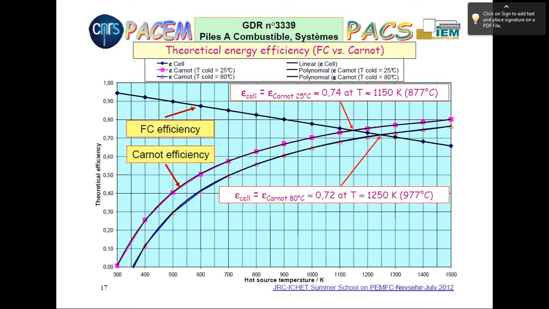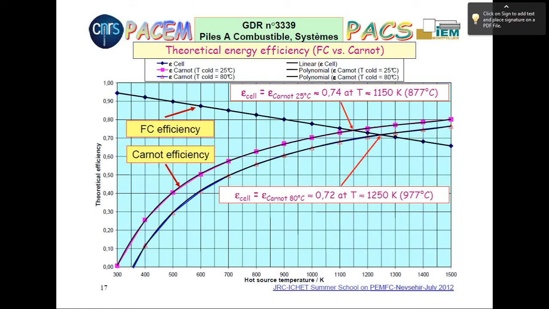And the Carnot efficiency varies like a hyperbolic function, 1 over T. And for two cold sources, one at 25 degrees room temperature and the other at 80 degrees Celsius, it means the exhaust of a car, more or less 100 degrees. And what is the key point is at a relatively high temperature, both curves are crossing each other.